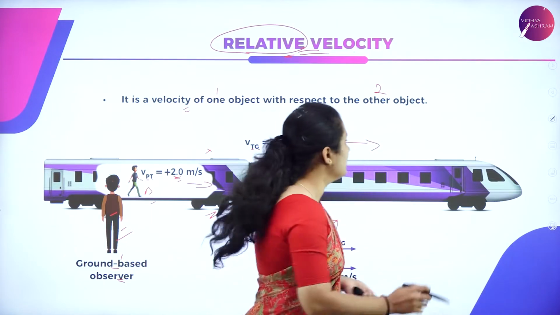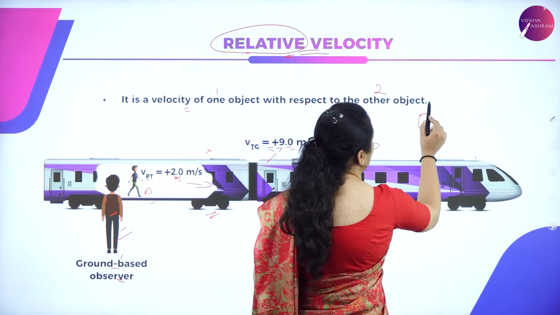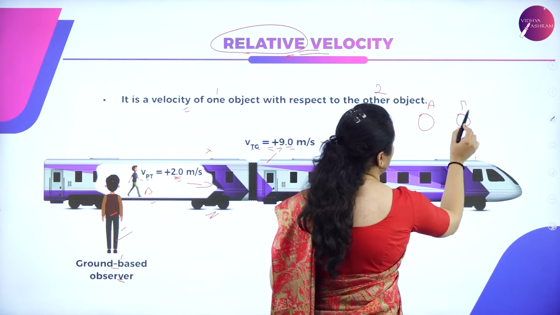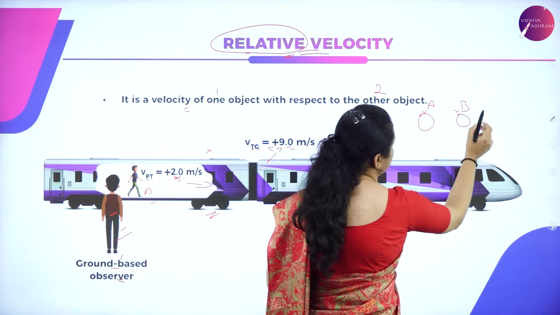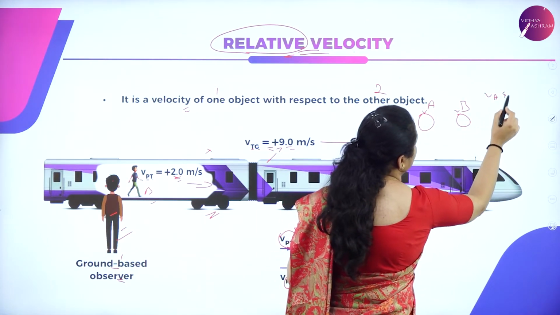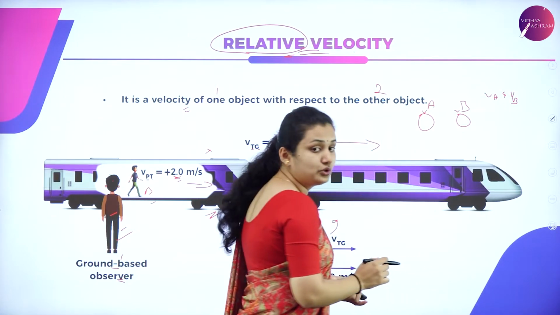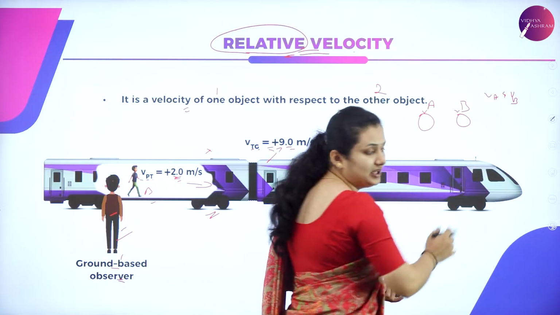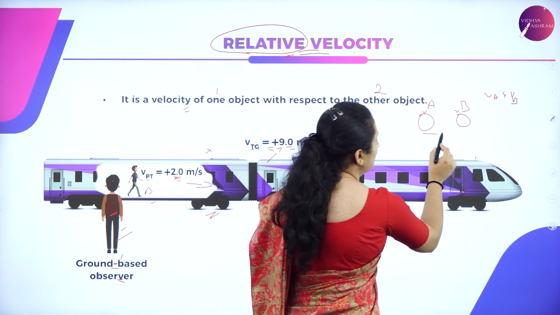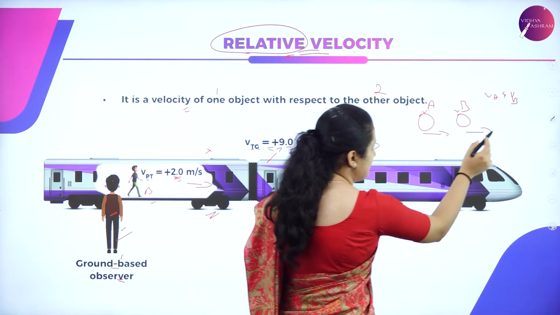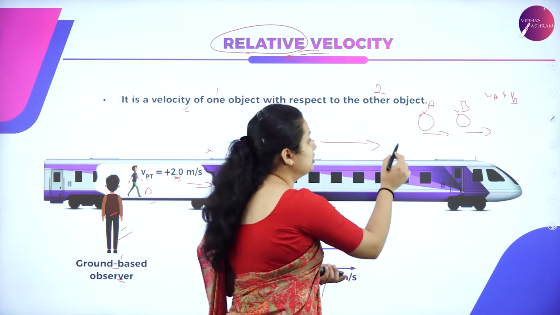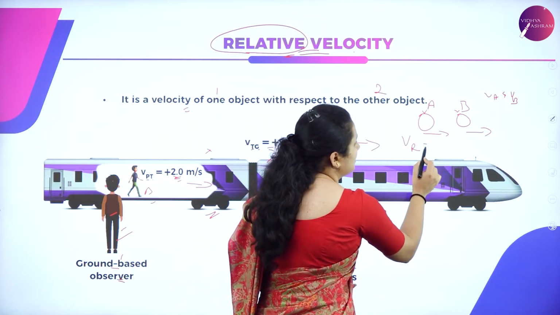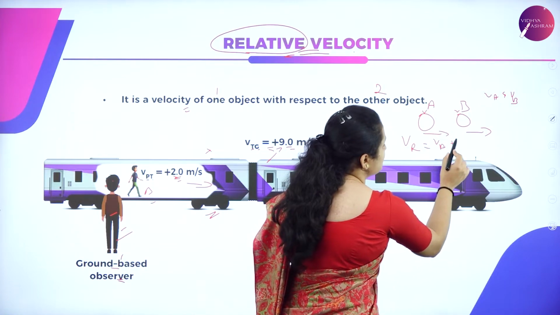Consider you have two objects A and B with velocities VA and VB respectively. If they are moving with the same velocity in the same direction, your relative velocity VR will be VA plus VB.